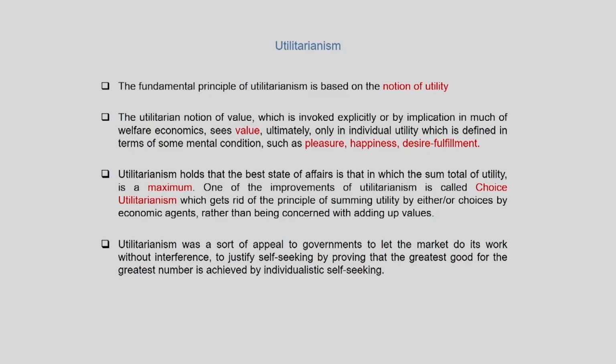Utilitarianism is one of the basic premises of most of the neoclassical approaches to economic policy making, and it needs to be pointed out that utilitarianism was a sort of appeal to governments to let the market do its work without interference, to justify self-seeking by proving that the greatest good for the greatest number is achieved by individualistic self-seeking. Therefore, the basic premise of neoclassical economics is that the individual knows best.